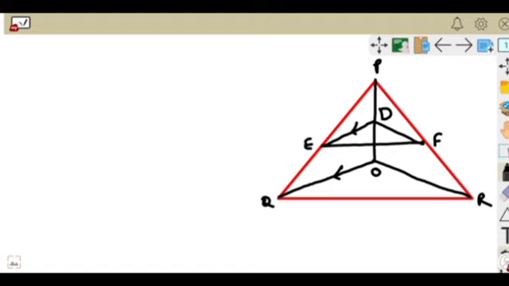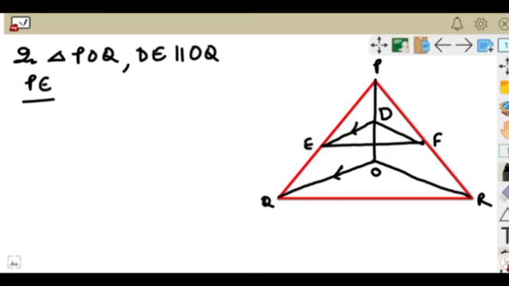I'll continue here. In triangle POQ, or you can say PQO, that is up to you. In this triangle, DE is parallel to OQ. Since DE is parallel to OQ, we can write PE by EQ equals PD by DO.